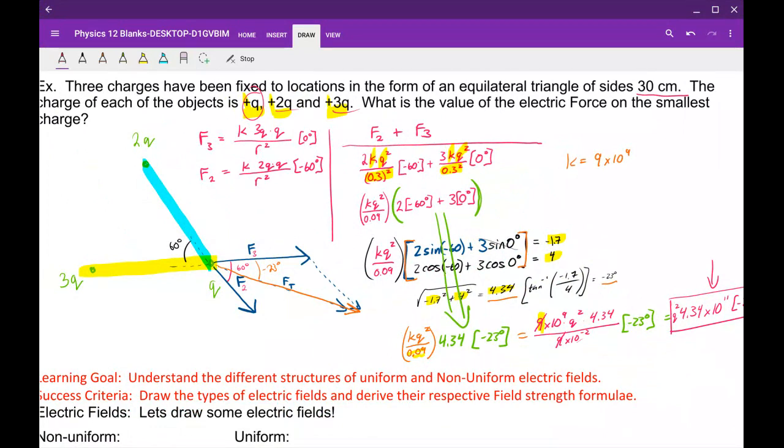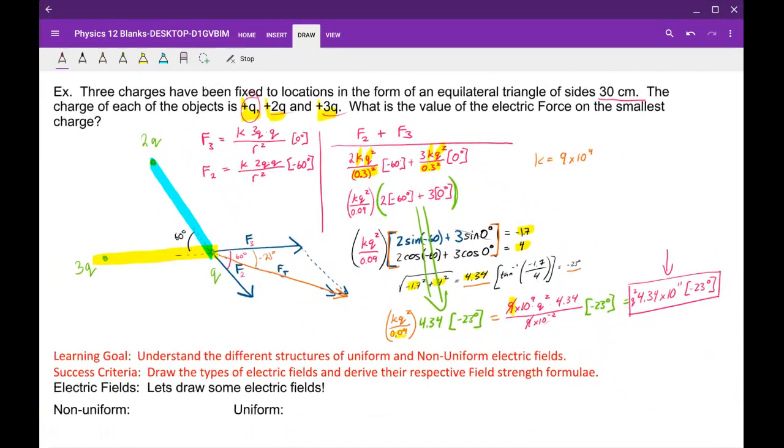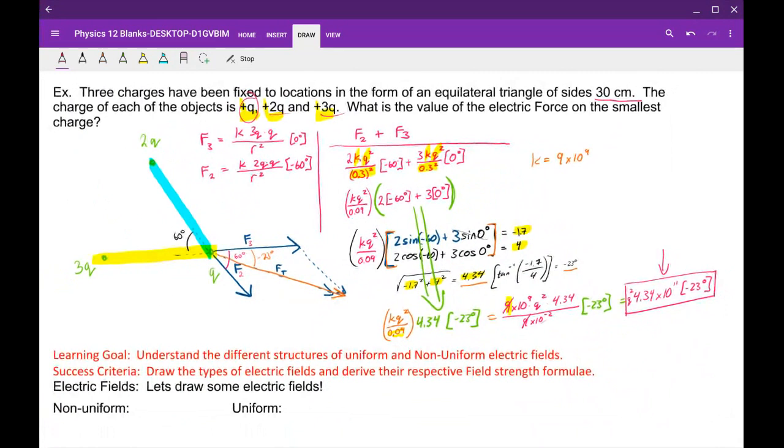But at the moment, we don't know what that is. Anyway, so that's Coulomb's law. This is a little bit more of an advanced question as far as Coulomb's law is concerned. Take a look at the textbook and some of the sample questions on Coulomb's law, and you can ask me some questions.